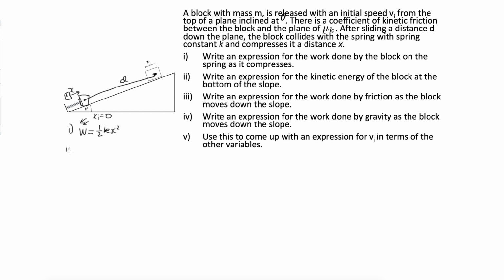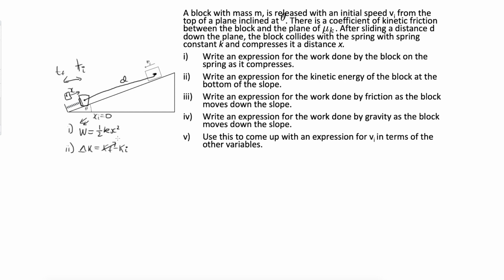Now in part 2, it asks us to write an expression for the kinetic energy of the block at the bottom of the slope. Okay, so what we'll consider is the time between these two. So this is the initial time and this is the final time for this question. So we can say that the change in kinetic energy is equal to the final kinetic energy minus the initial kinetic energy. Now, once the spring is fully compressed, the block is at rest.